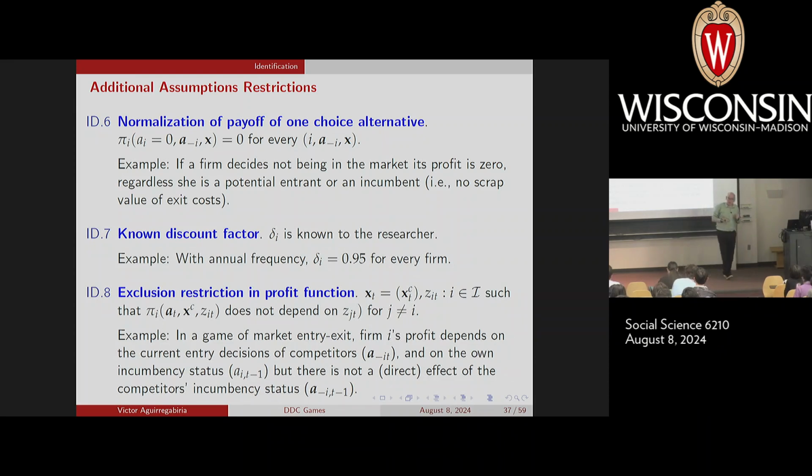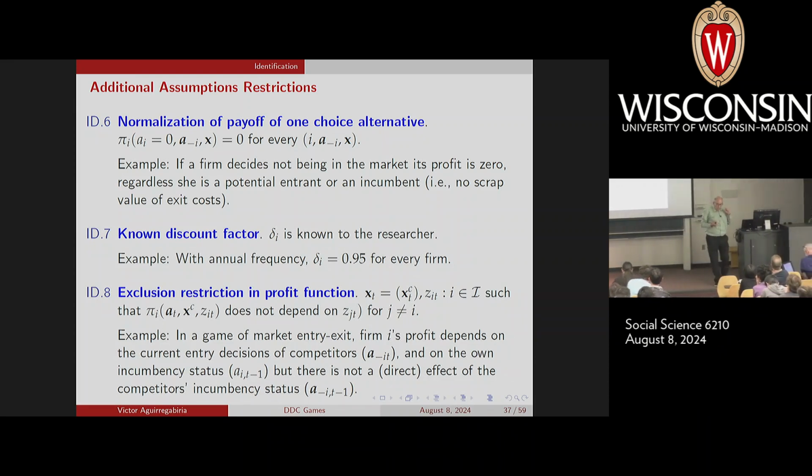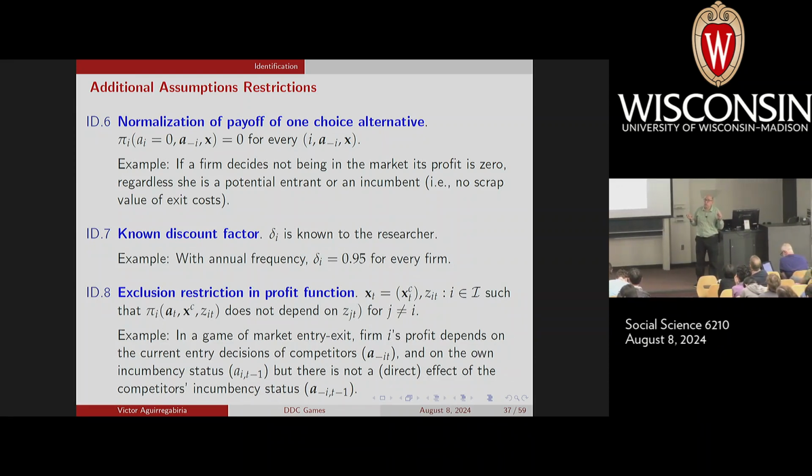The exclusion restriction is that my profit function, once I condition on the actions of my competitors, on how they have decided to invest, does not depend on the previous stock of quality of my competitors.